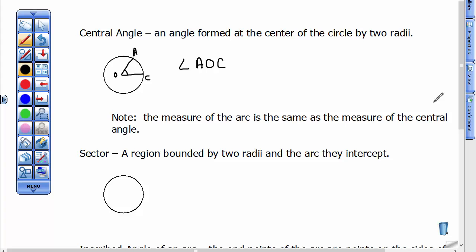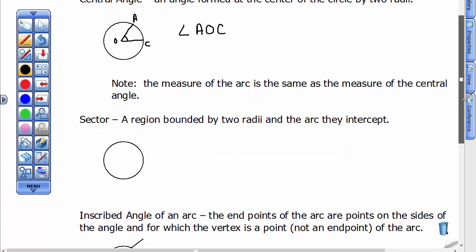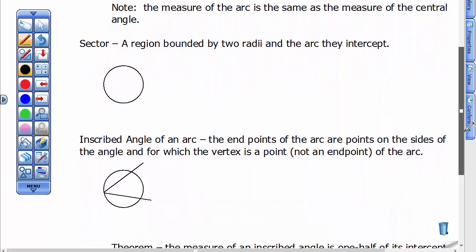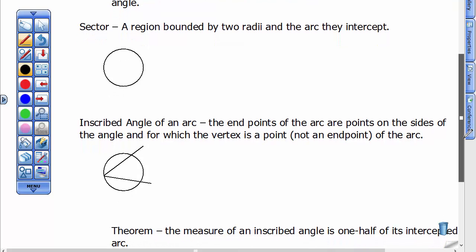A sector uses that central angle, and it bounds and shades that area. A sector is a piece of pie, like pumpkin pie or apple pie. I'm going to draw that line straighter.